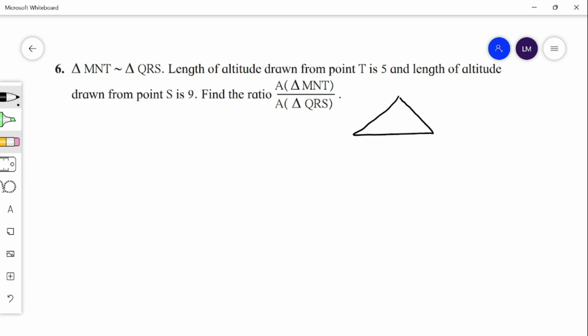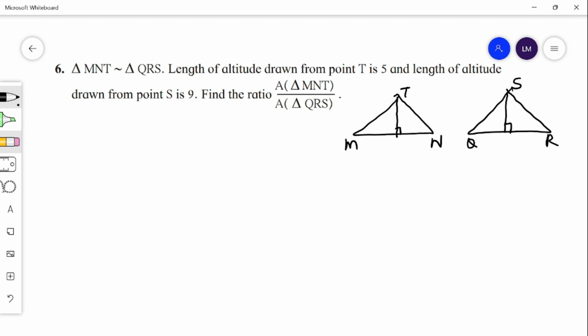So this is triangle MNT, and the next triangle is QRS. In the given question, the length of the altitude drawn from point T is given, so from T we'll make an altitude, and the length of the altitude drawn from point S, so from S we'll make an altitude, right?